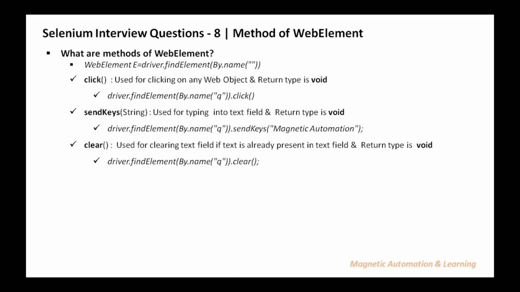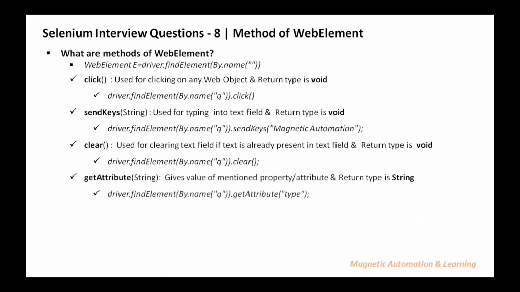The clear method is used for clearing the text which is already written on the text field, and the return type is void. Next method is get attribute. Get attribute means get a property of the web object, and which property you want, you need to mention in the double quotes.